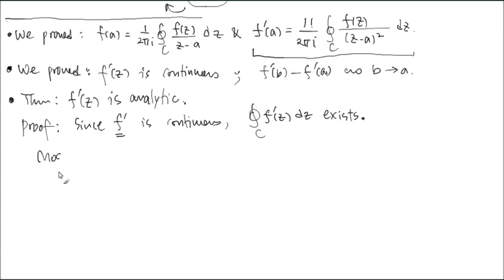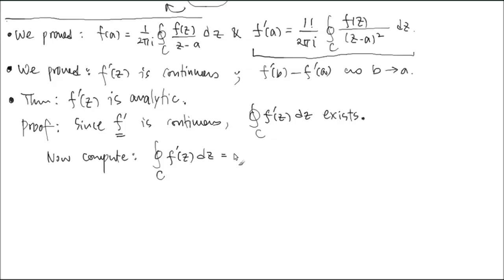Before we do Morera's theorem, let me do this. Now, compute this thing that we're looking at, the integral of f prime of z dz. Well, this whole thing is analytic wherever we are, and it has an antiderivative, right?